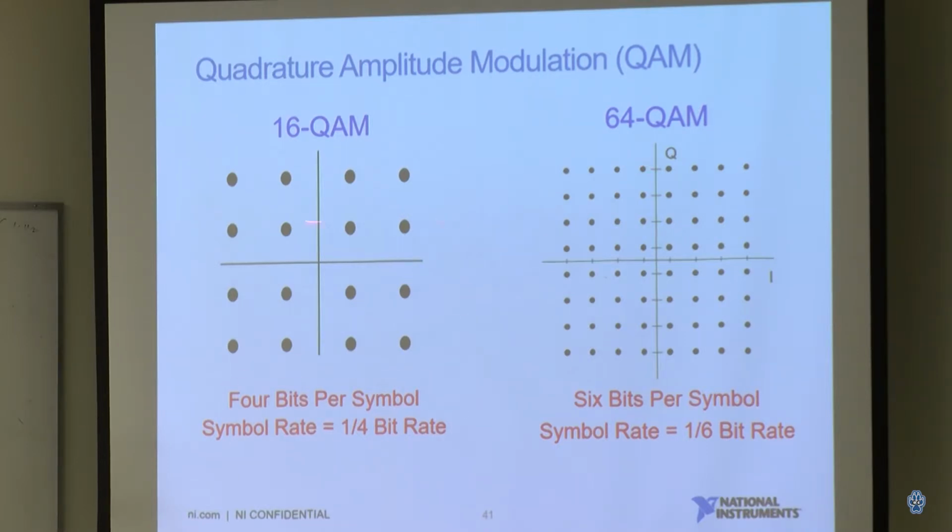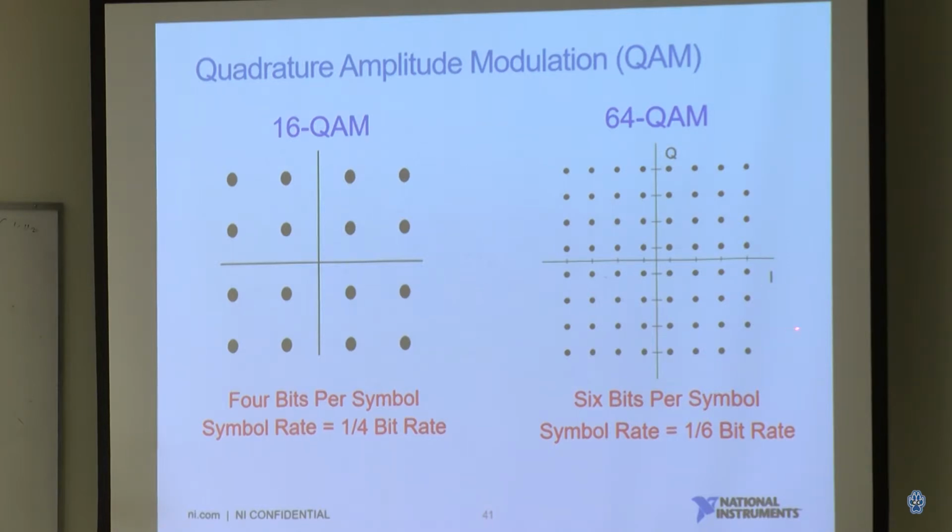And here's another example to talk about the constellation diagram. This is a 16 QAM. 16 is 16 symbols, right? And you only need 4 bits to represent 16 symbols because 2 to the power of 4 is 16. Same idea, 64 QAM means you have 64 symbols, and you only need 6 bits per symbol to generate 64 symbols.